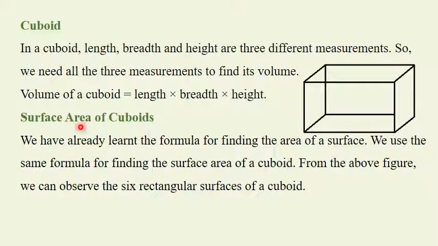As we know that there are 6 surfaces of a cube as well as for a cuboid. So we have already learned the formula for finding the area of the surface. We use the same formula for finding the surface area of a cuboid. For the above figure, we can observe the 6 rectangular surfaces of a cuboid.